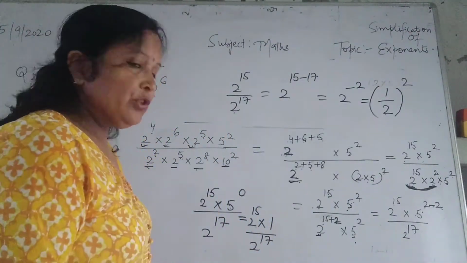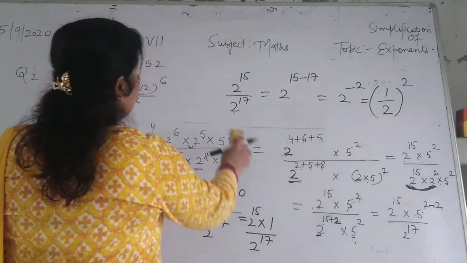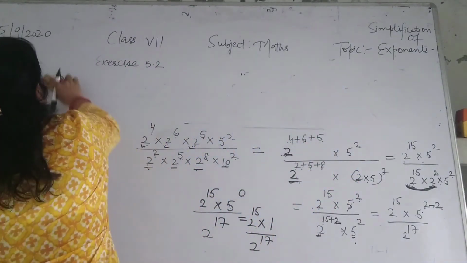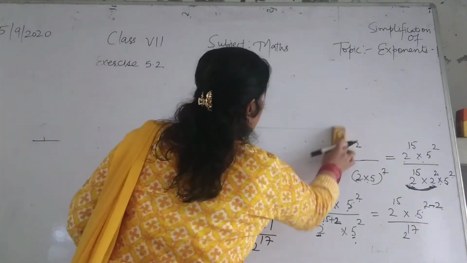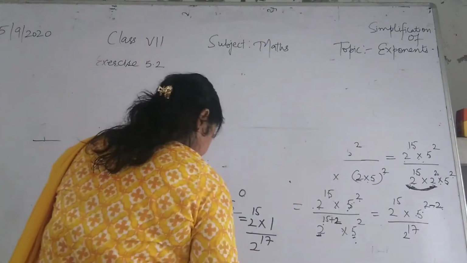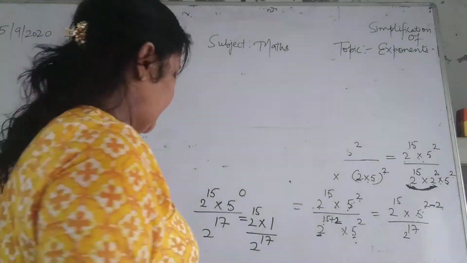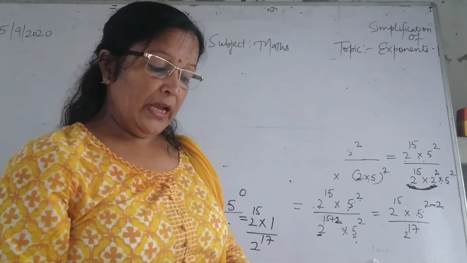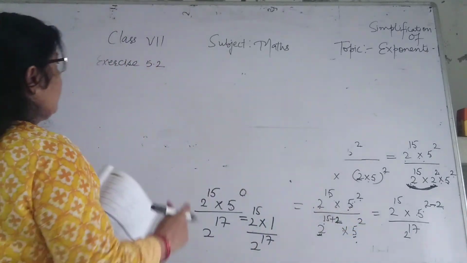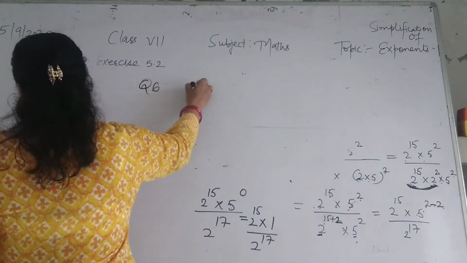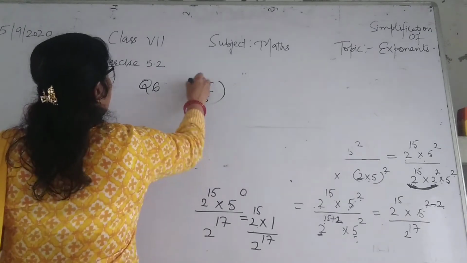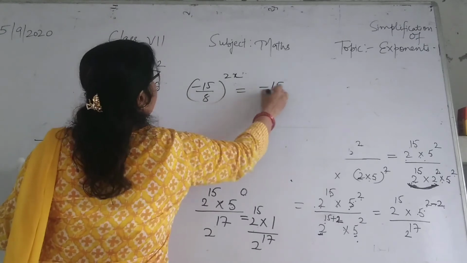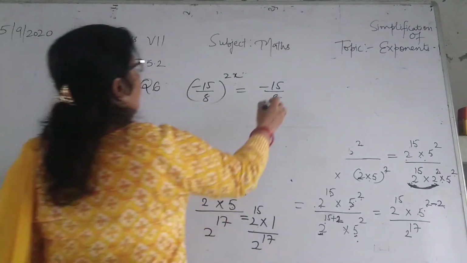Now, one of the questions here is related to equating powers. Here the question is question number 6: minus 15 upon 8 raised to power 2x is equal to minus 15 upon 8 raised to power 4.